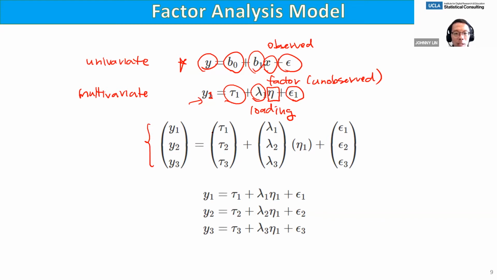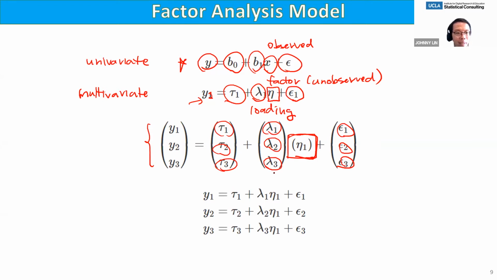Each of those has a separate intercept, a separate loading, separate residuals, but what do they have in common? They have a single factor in common. Why is that important? Because we're trying to say that this single factor is the predictor of all 3 items.